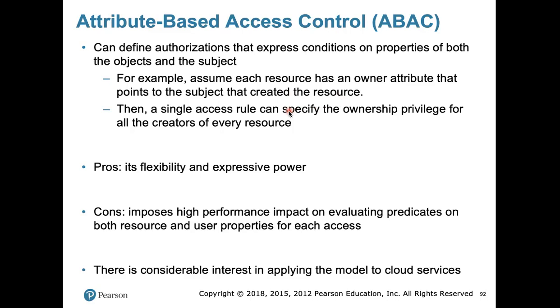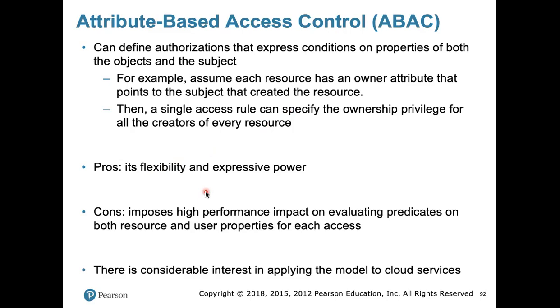But if the creator attribute on the file or on the resource doesn't match the ID of the requester or subject, other attributes should be investigated. So this is a basic definition of attribute-based access control. And like I said, here everything is defined based on attributes. Of course, this seems to be very flexible and very powerful.